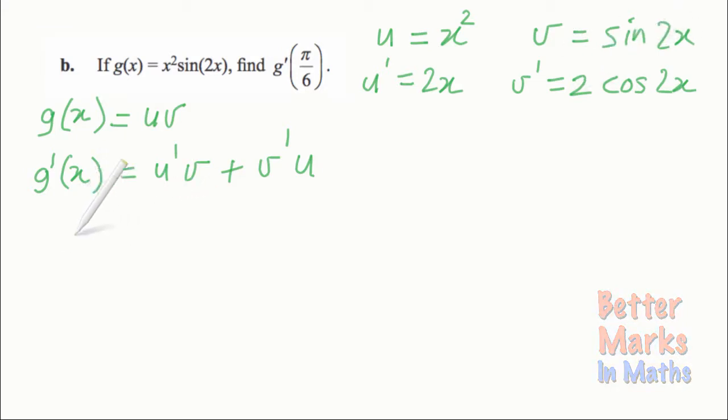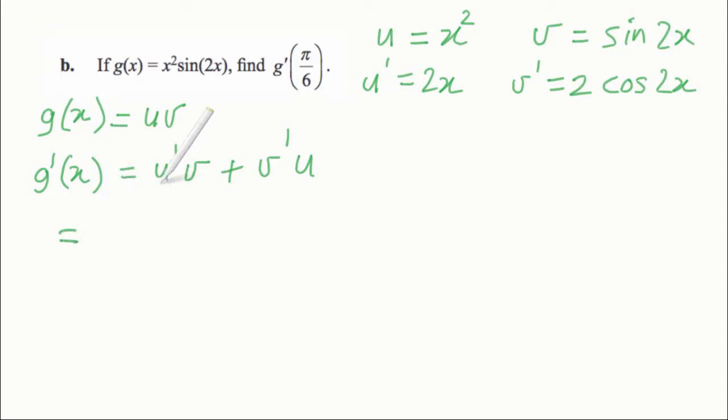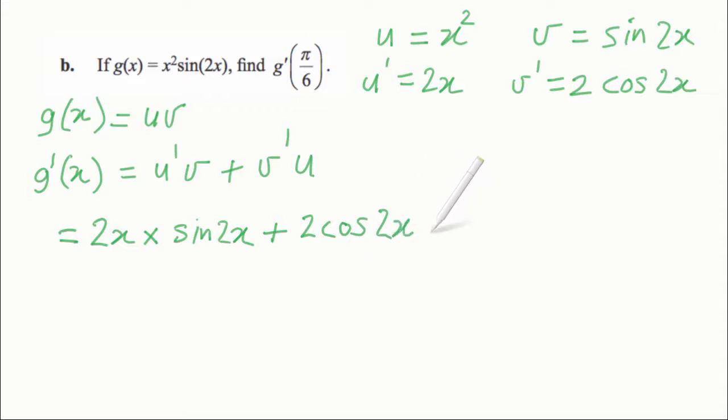So now subbing in those values into here, so u dash is 2x times by v, which is sine 2x, plus v dash, which is 2 cos 2x, times by u, which is x squared, and now replacing the x's with pi on 6.